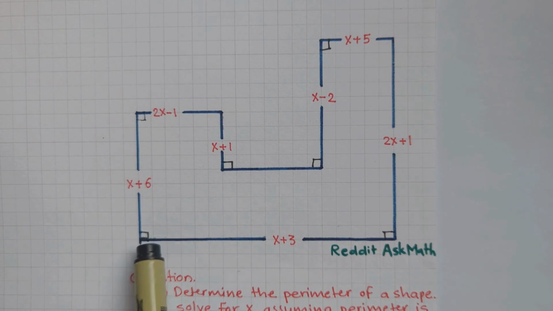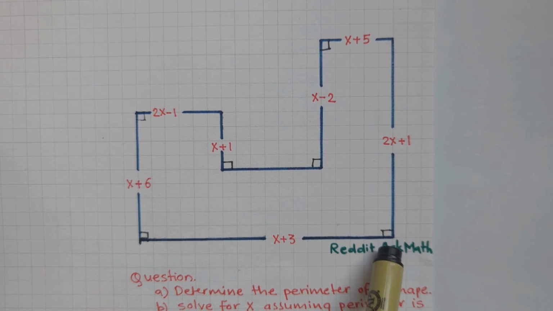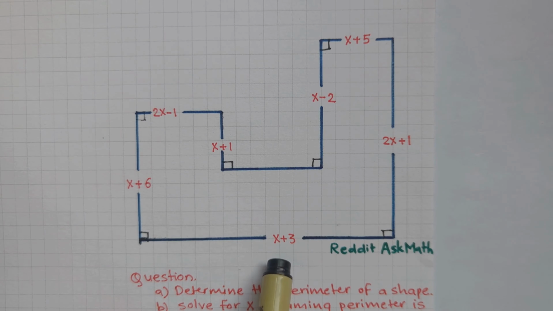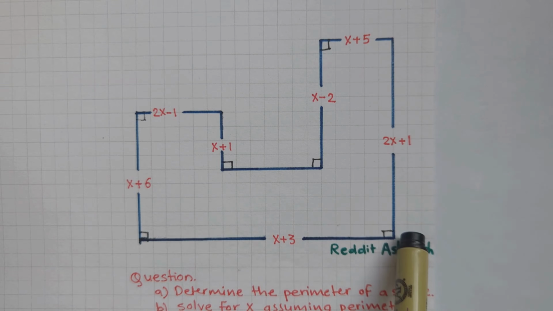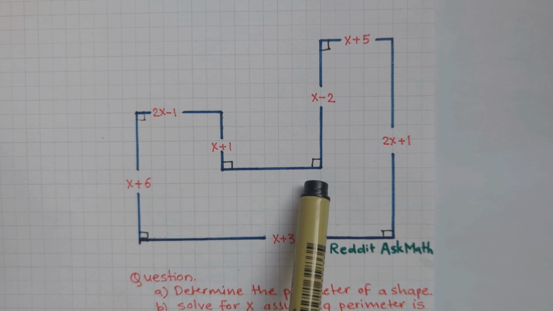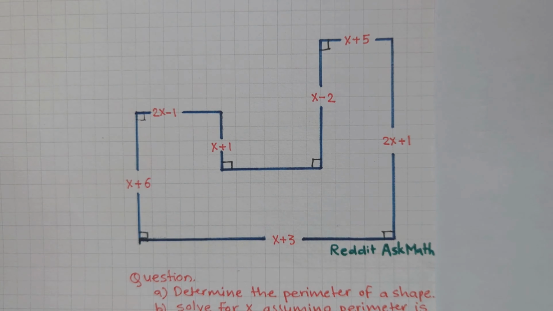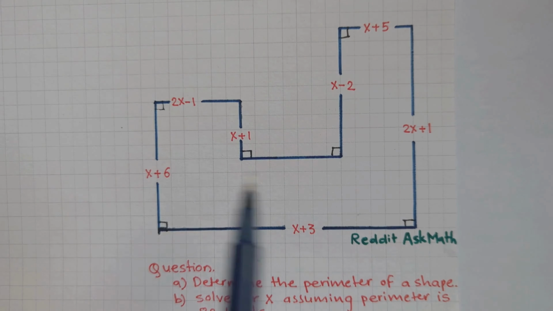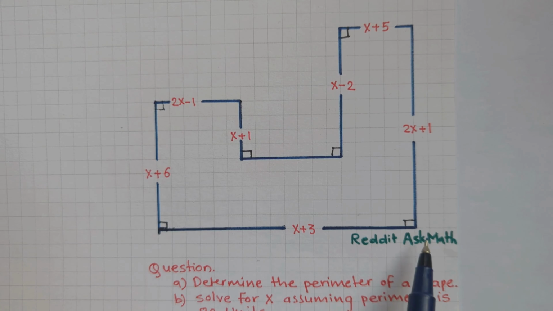This assumption of having all the angles as right angles is fine here, because if we wouldn't go ahead with it, we wouldn't be able to find the length of this side. Let us focus only on this bottom side, which is x plus 3.